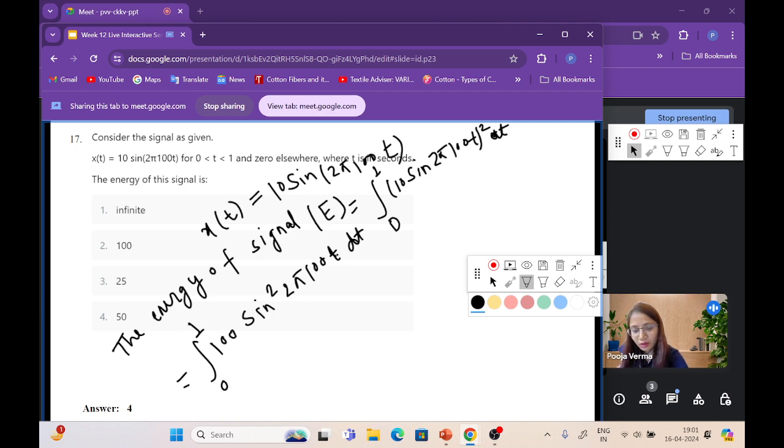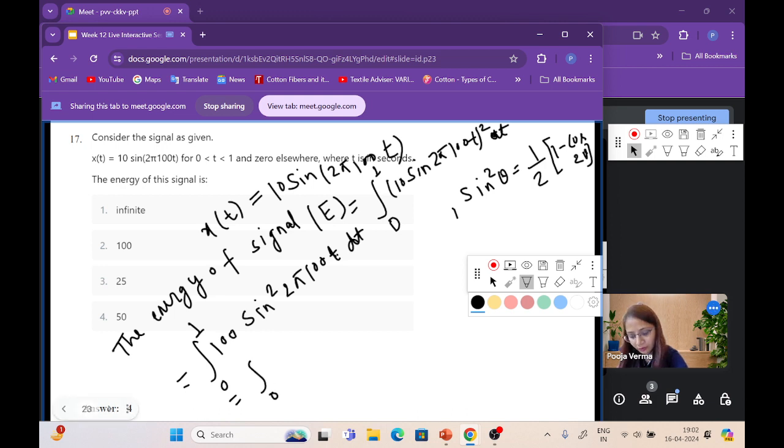Okay, so now also we know that sine square theta is equal to 1 by 2 into 1 minus cos 2 theta. We know this formula because we can't directly integrate this square function in the sinusoidal form. So first we need to put this into this.